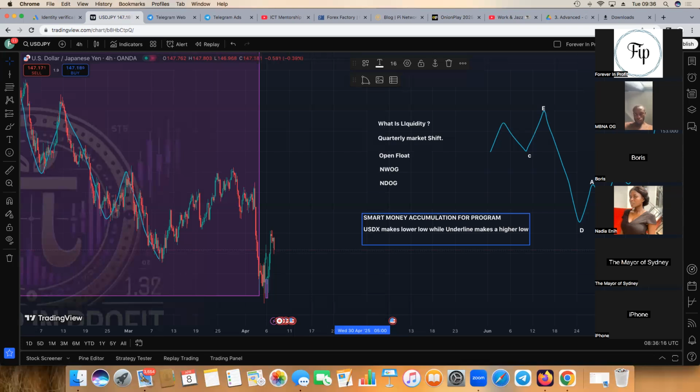So, manipulation in the underlying versus the benchmark. In this case, we would replace the underlying with EUR/USD to make it easier.